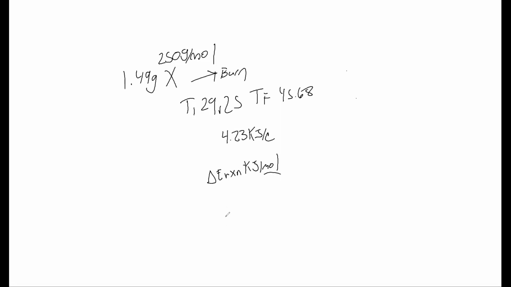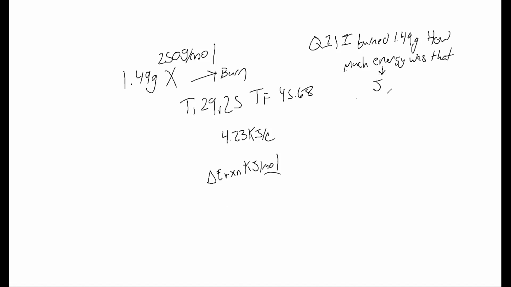Right? So the first thing I need to ask myself is: I burned 1.49 grams of something. How much energy was that? Keeping in mind that our unit of energy is the joule.